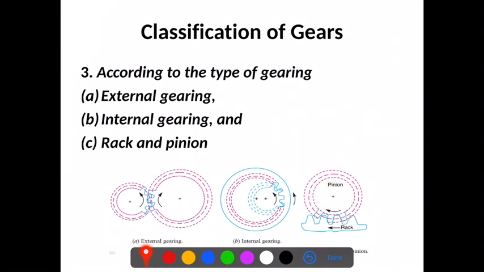From this we can easily consider that this type of arrangement is used to convert rotational motion into reciprocatory or translational motion, or translation into rotational motion. So this is the rack and pinion arrangement. This is generally used in our steering gear mechanism.